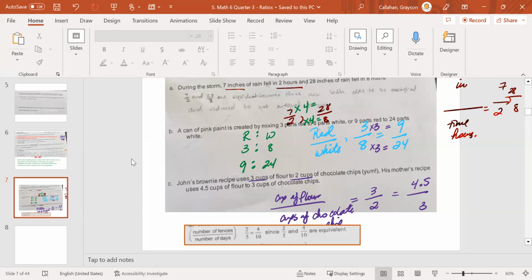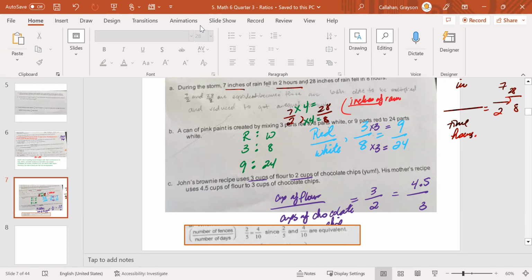So let's review very quickly the question for letter A. And right here, inches of rainfall and hours, right? So you can say exactly how she has it.